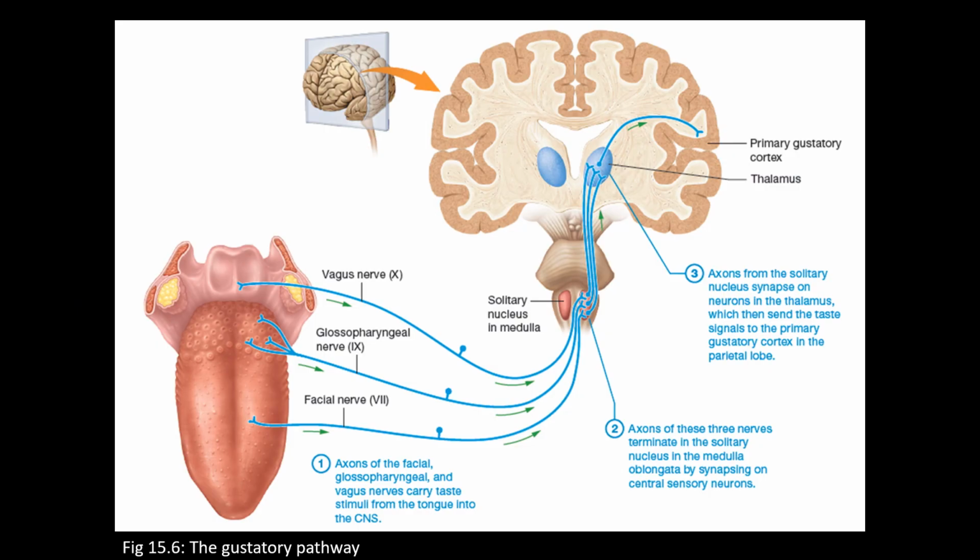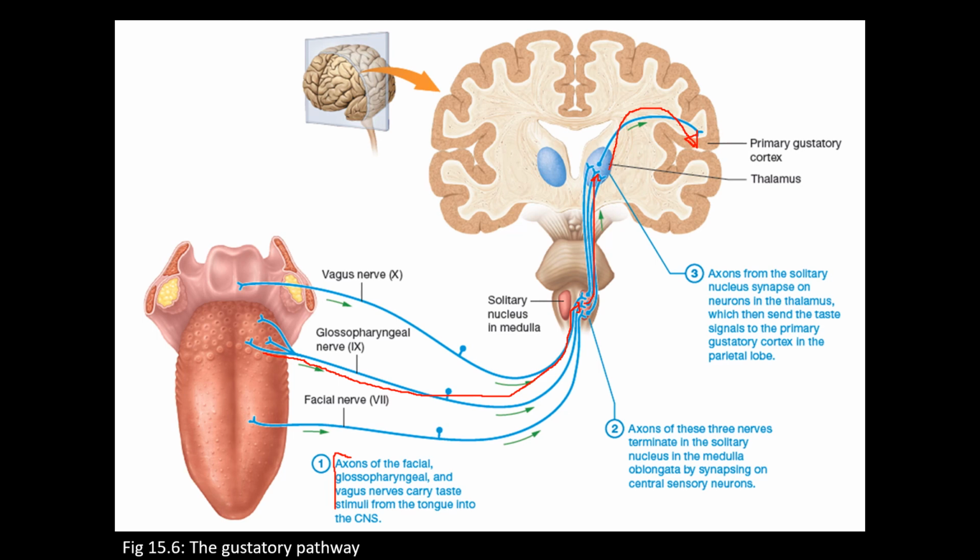So yeah, axons of each of these cranial nerves is going to carry signal from the taste buds up into the solitary nucleus in the medulla, okay? Then the medulla is going to transmit that signal to the thalamus, and then the thalamus is going to send that signal to the primary gustatory cortex, okay? And then from the primary gustatory cortex, it may also travel to the insula.